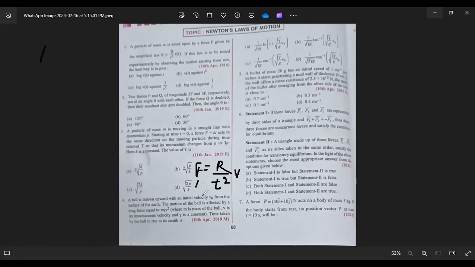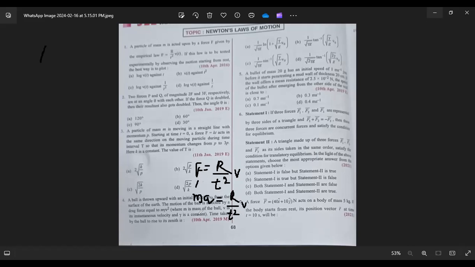According to Newton's second law, F is equal to m into a. So m into a is equal to R upon t square into v.